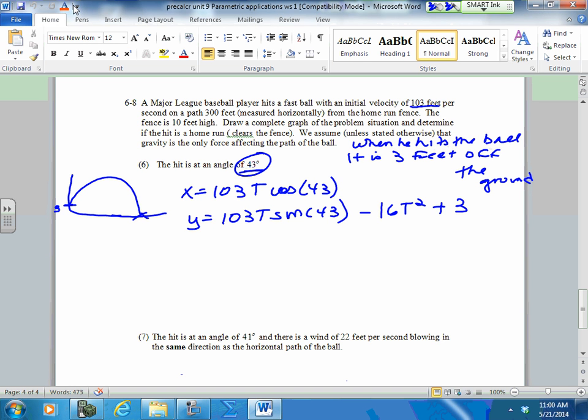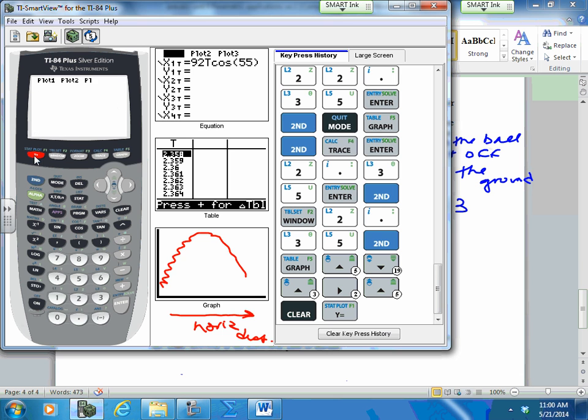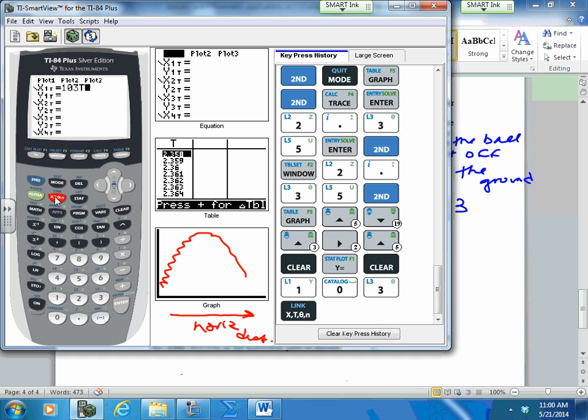Okay? Now, we're going to set this up into your graph. So let's go put this in. We want to know if when he gets to the 300 feet, is he going to clear that fence? That's all I want to know on this. All right, so we are 103. Put it in your calculator, guys. You need to be able to do this.